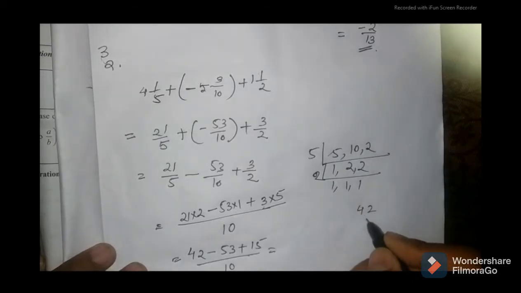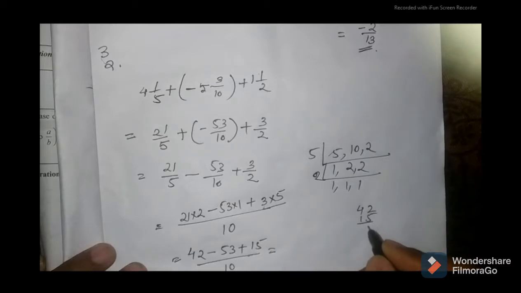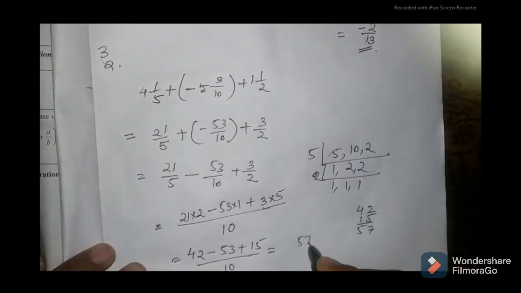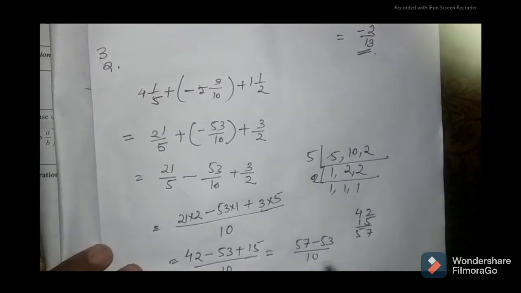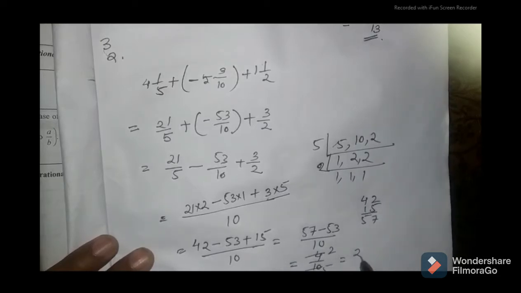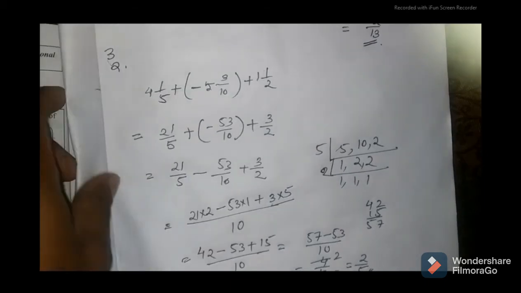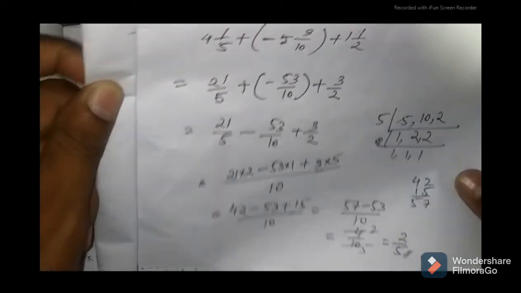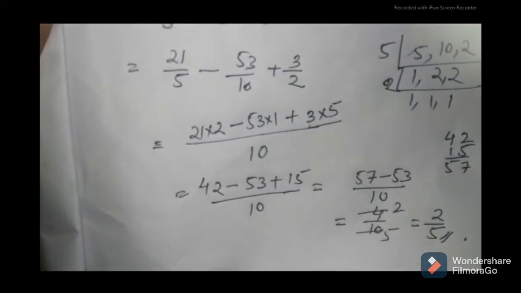So say 42 plus 15, that is 57. 57 minus 53 by 10, this is equal to 4 by 10, which is 2 by 5. We are getting the answer 2 by 5. 2 by 5 is the answer.